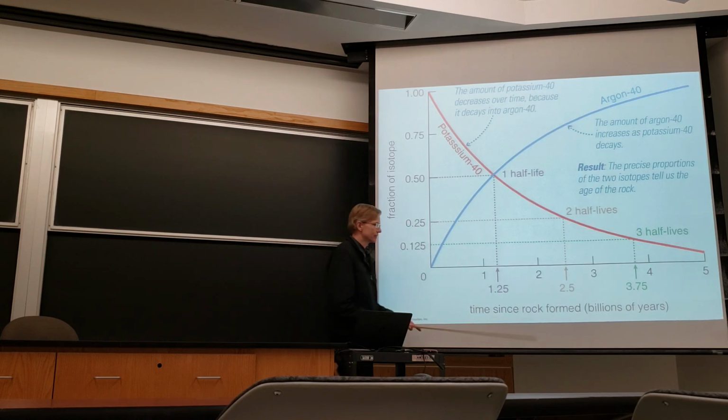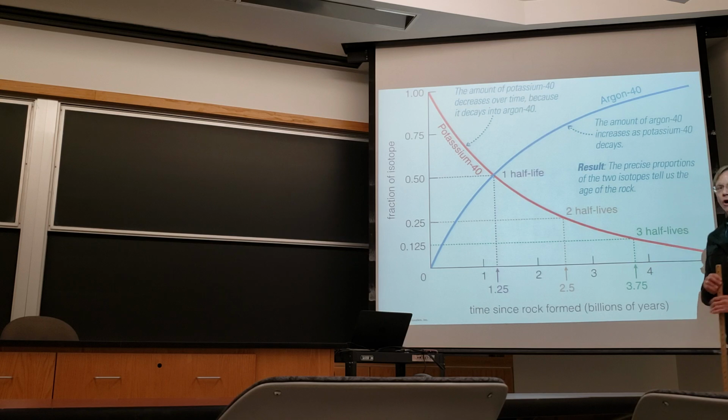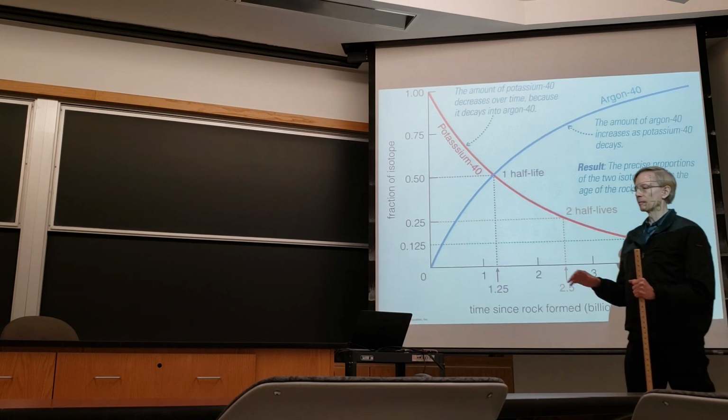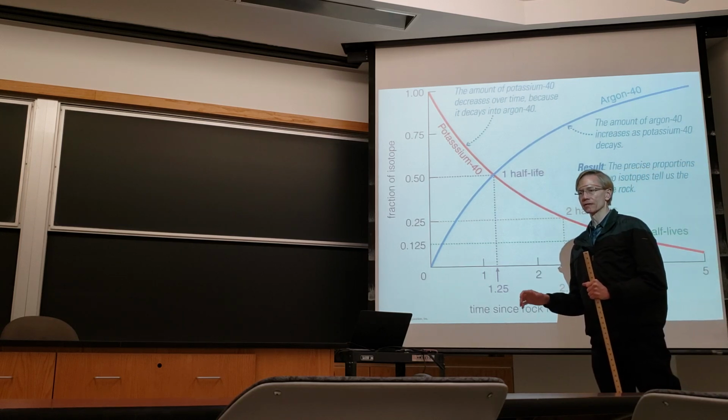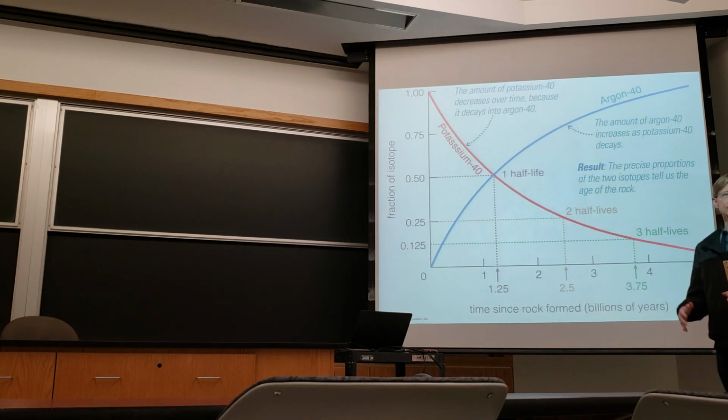That's what makes this system convenient: scientists can measure how much argon 40 is in the rock, and that all was initially potassium 40. So they can figure out from how much potassium 40 is still there, plus how much argon 40 is in the rock, adding those 2 things together, the amount of potassium 40 that was initially in the rock.